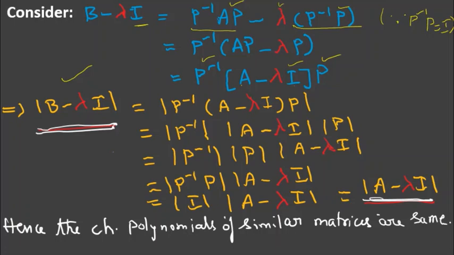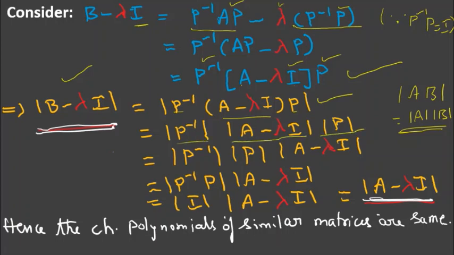So substitute that and apply the determinant: det of P inverse (A - λI) P. Now, if you have det(AB), it will be equal to det A times det B. So if you apply that, you will have a product of three terms: P inverse, A - λI, and P. So distribute this: det P inverse, det(A - λI), and det P.